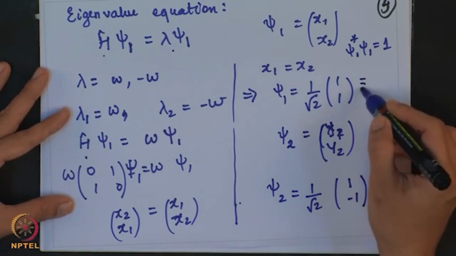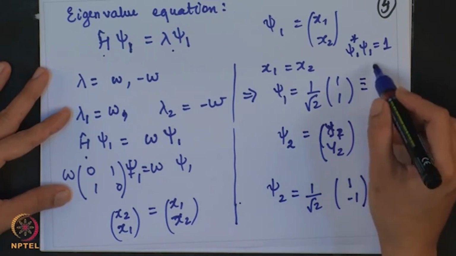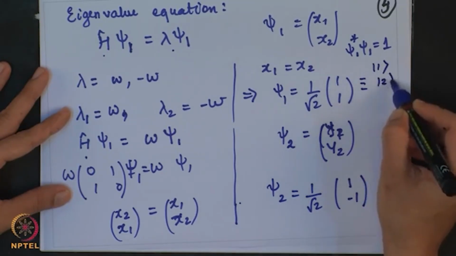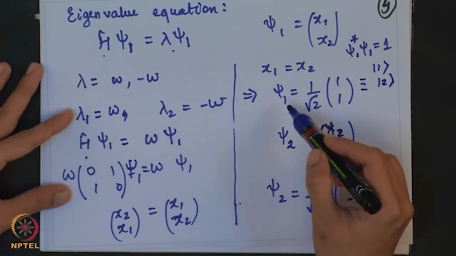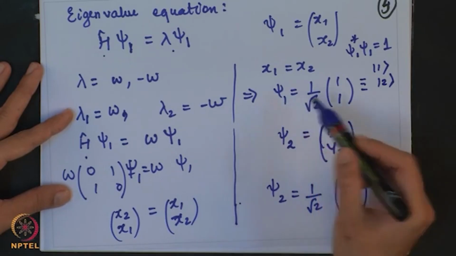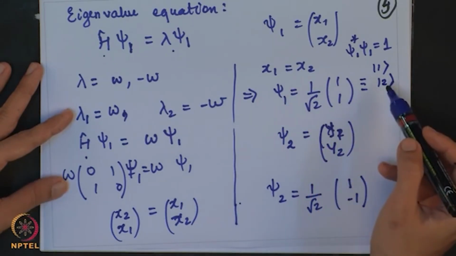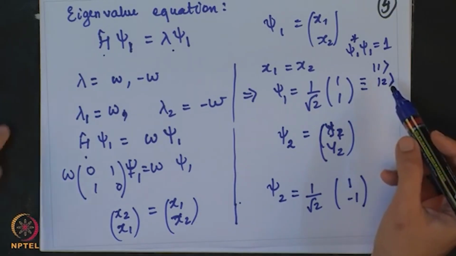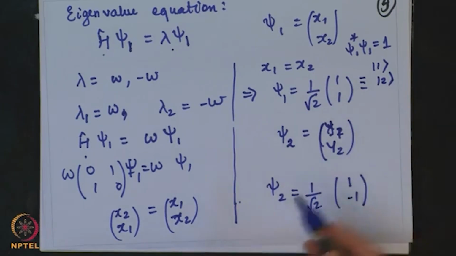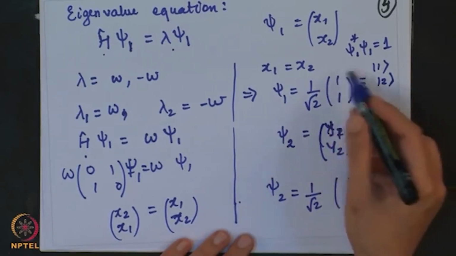Now, again I have to rewrite this in terms of the 1 and 2 states. This eigenvector I can write in terms of the eigenstates 1 and 2. How can I do that? This is again a simple step wherein you will write this. Let me demonstrate for one. The second one you can easily calculate.